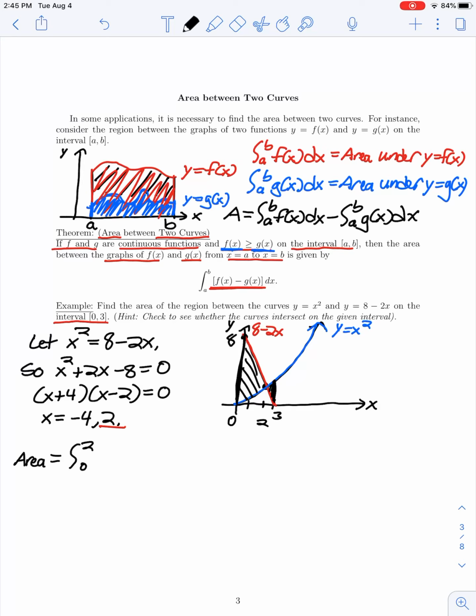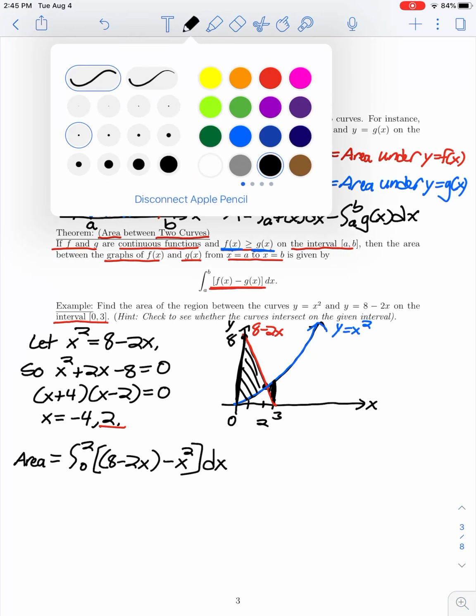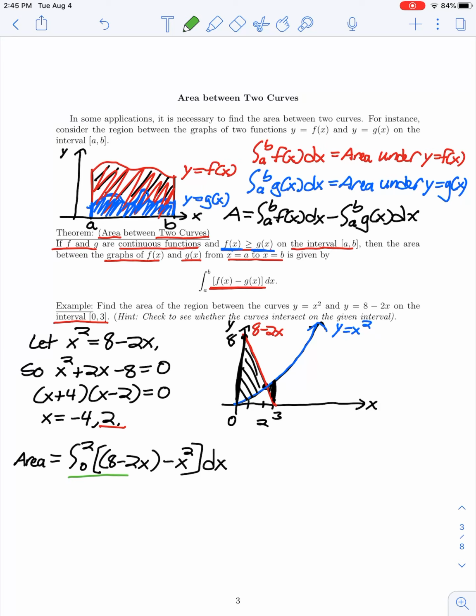To get the area between those two curves, we would take the equation of our top curve, 8 minus 2x, and subtract the equation for our bottom curve, x squared. So this piece is giving us the area of this region from 0 to 2, where our top curve is the red curve and our bottom curve is the blue one.